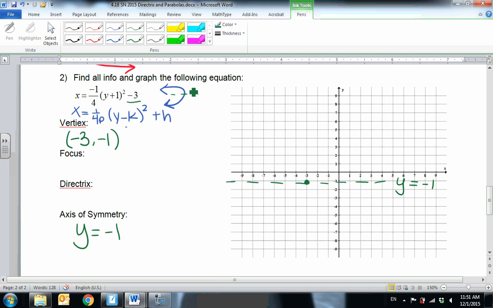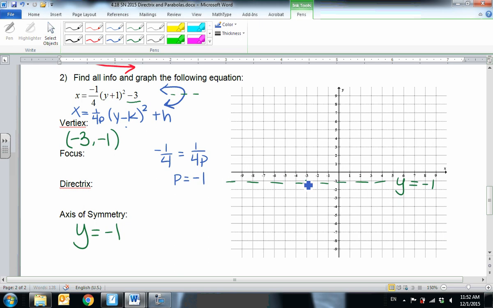All right. Now let's find our focus and our directrix. In order to find our focus and our directrix, we need to use what information? a, right? a is -1/4, and that means that is equal to 1 over 4p. So tell me what p has to be. Yeah, p has to be -1.